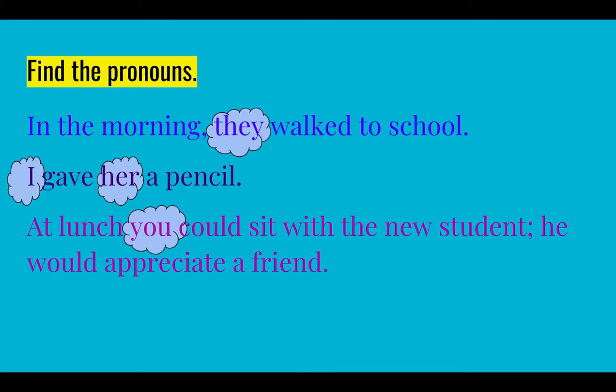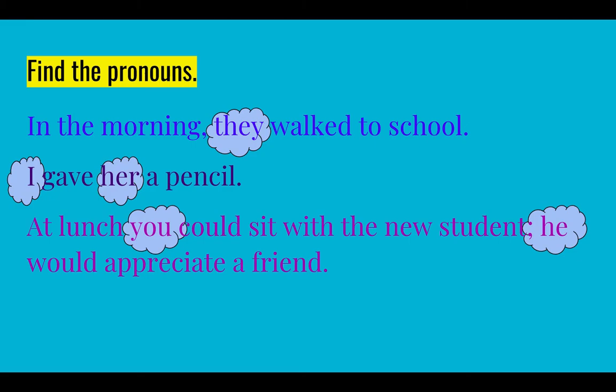We also have another subject pronoun because this happens to be a compound sentence. So after that semicolon, we have another subject, he. He would appreciate a friend. Again, that's a subject pronoun because he is doing something in the sentence. He would appreciate that friend.